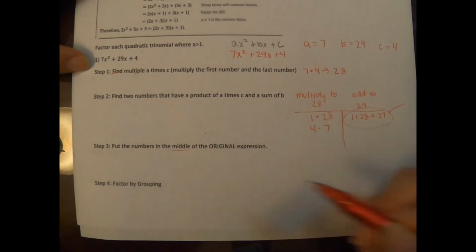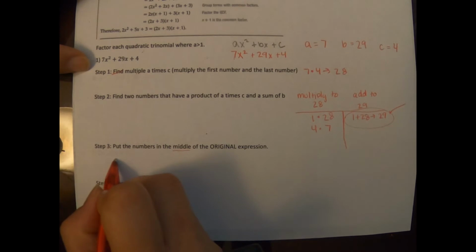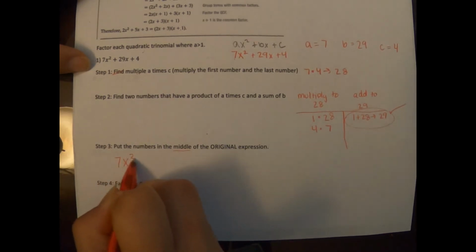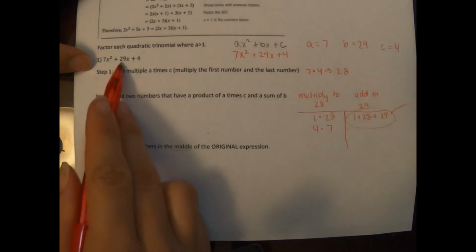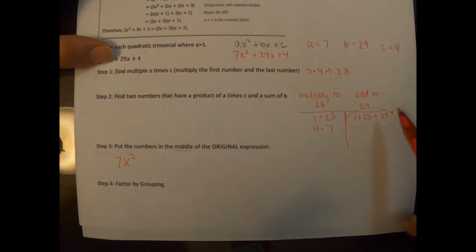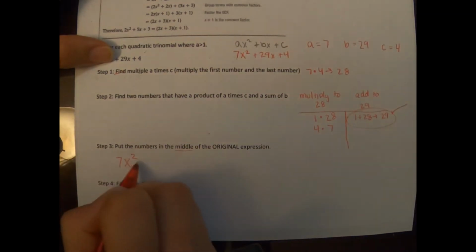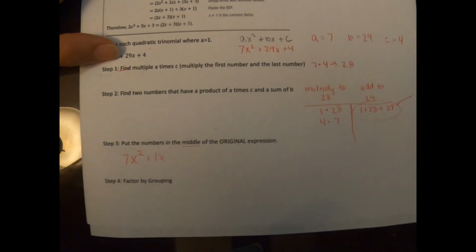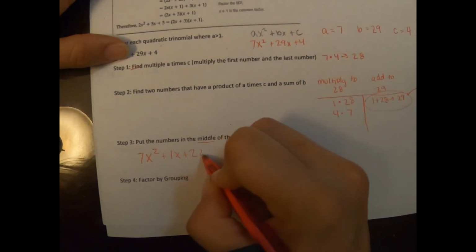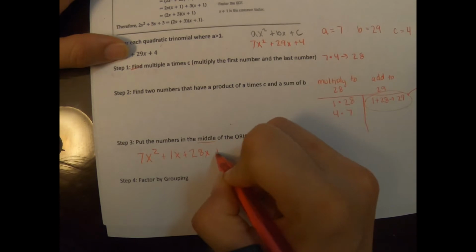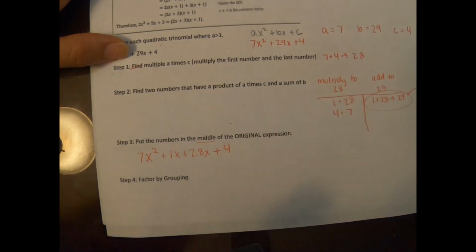We're going to put our numbers right in the middle. So I'm going to keep the first number the same, the first term 7x squared. Instead of 29, I'm going to use the numbers I picked here, 1x and 28x. And then I'm going to keep the last number the same.